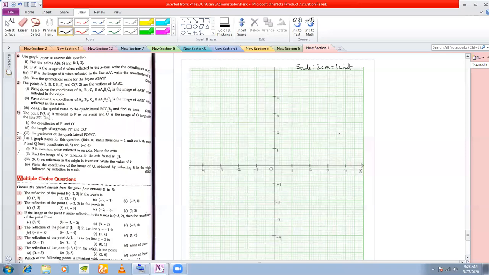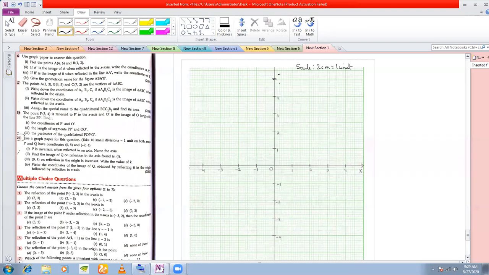P and Q have coordinates 0, 5 and -2, 4. So we'll plot the points P and Q. P is 0, 5. 0, 5 means it lies on the y-axis, right? Somewhere over here. Let's mark 5.